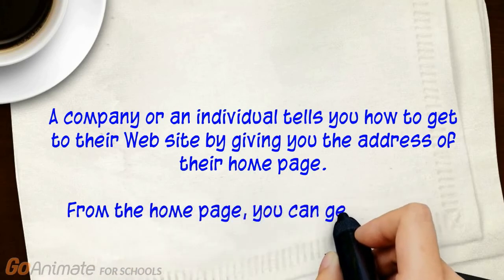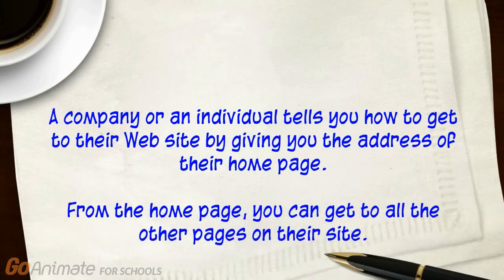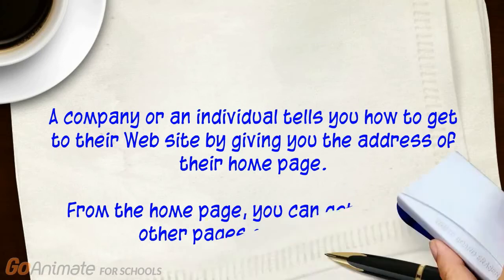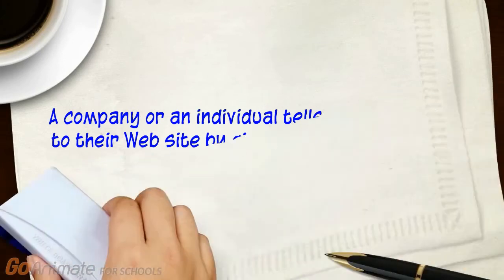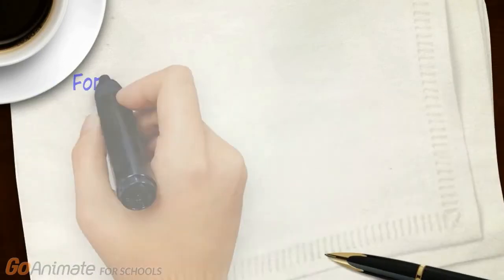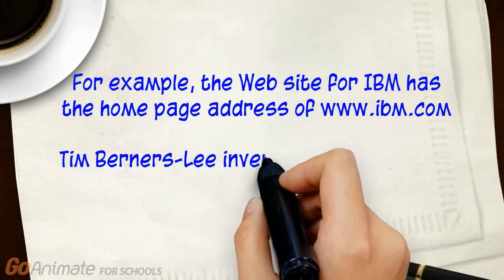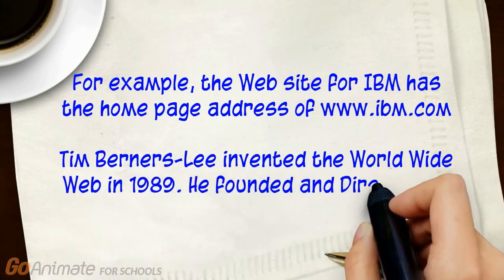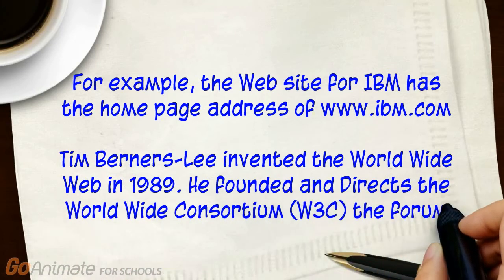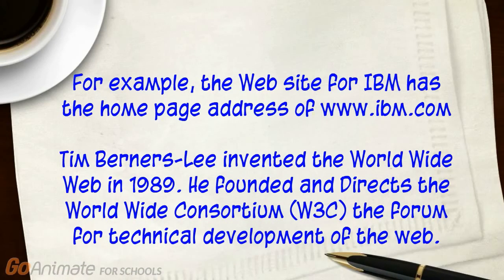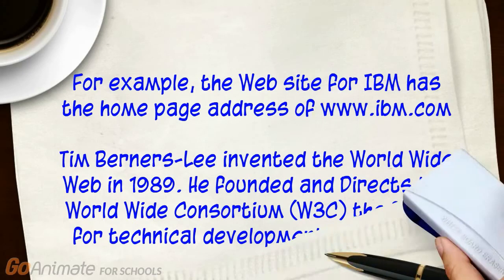From the home page, you can get to all the other pages on their site. For example, the website for IBM has the home page address of www.ibm.com. Tim Berners-Lee invented the World Wide Web in 1989. He founded and directs the World Wide Web Consortium.